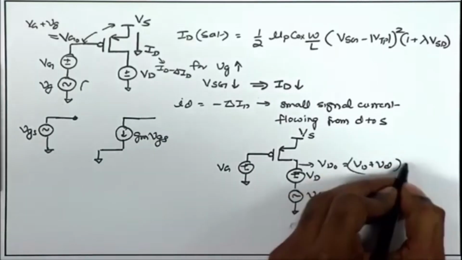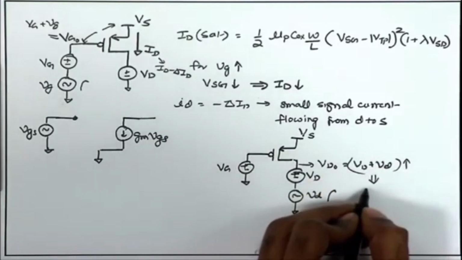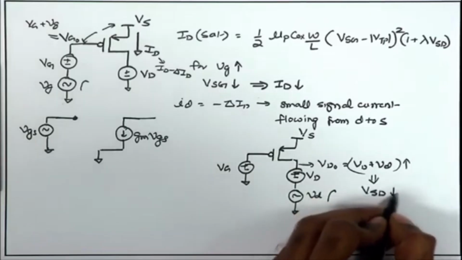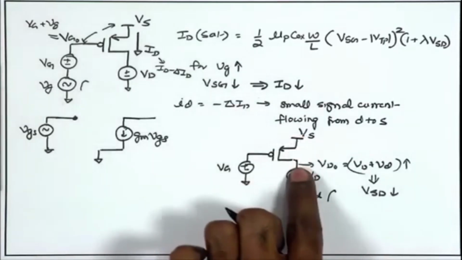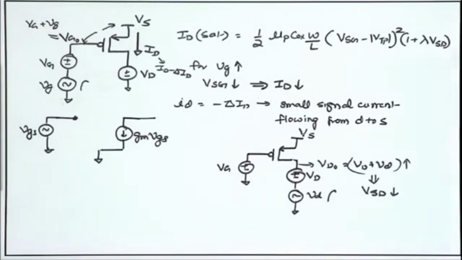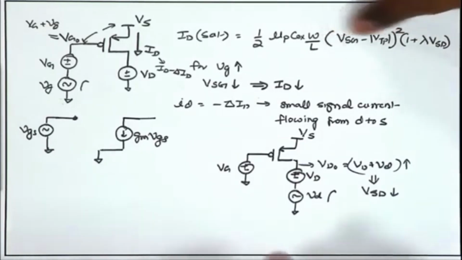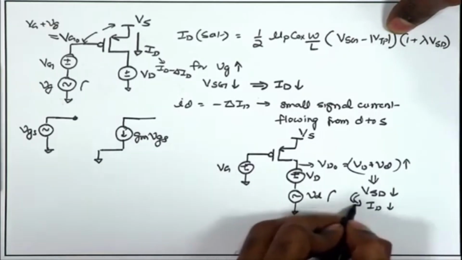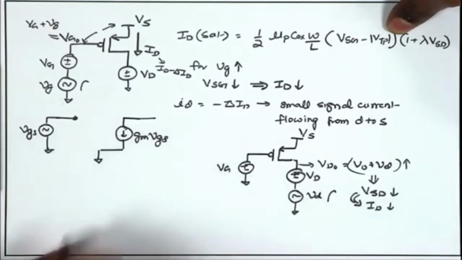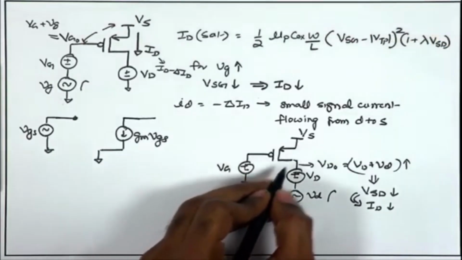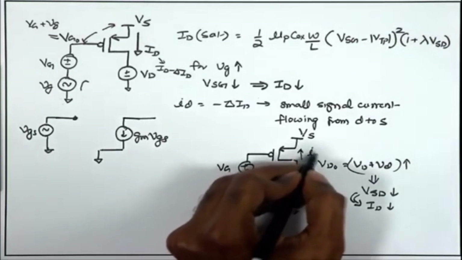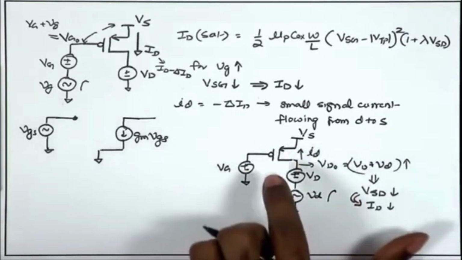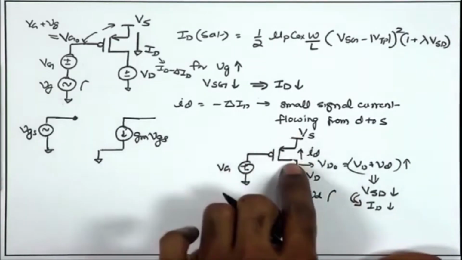If it goes up, that means Vsd, Vs minus Vd, is going down, and therefore, this equation once again tells us that the absolute DC current Id will go down, and therefore, the way we have defined the small signal current flowing upward from drain to source, that becomes again positive, because Id is reducing.